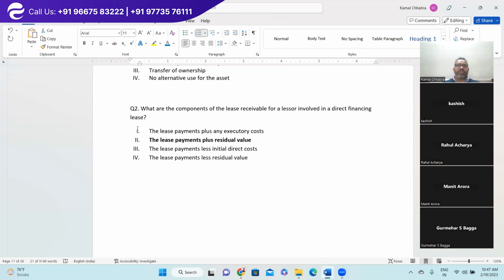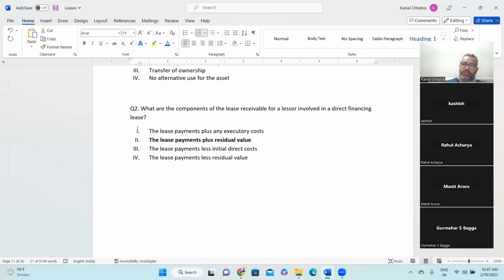We have just done the calculation of lease receivable. How do we calculate the lease receivable? Present value of lease payments plus present value of residual value. But what is executory cost? Why is the first option wrong?